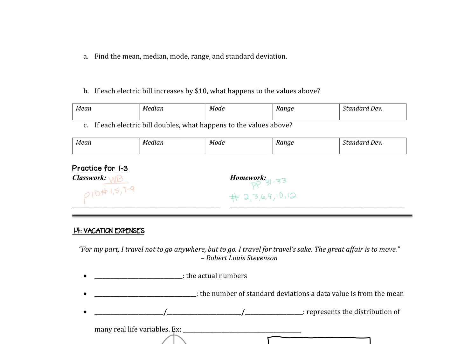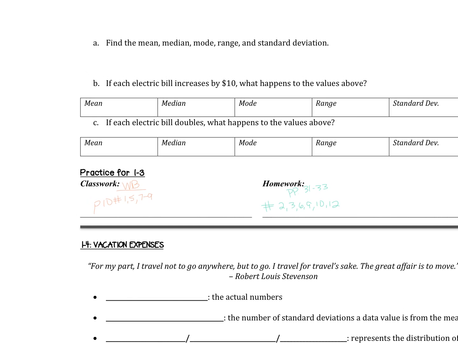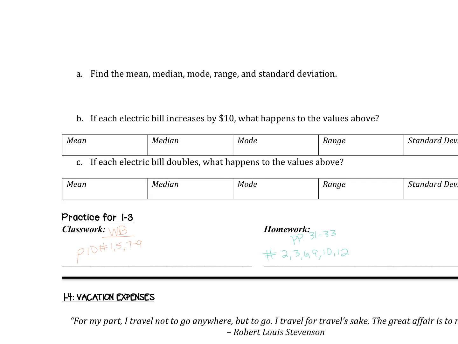And then we're going to use the sigma x, if you notice, okay? All right, so the mean is 112.80. Our median is 112.50.